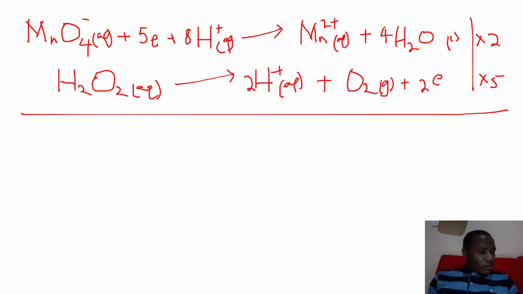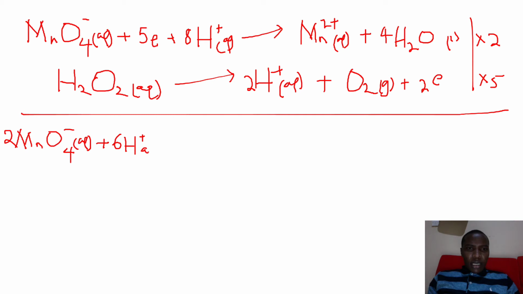I want to pick it quickly without wasting any time. We shall have 2 permanganate ions, just like this, reacting with 6 hydrogen ions, because we said that they were 16 and 10 were cancelled out. Then we shall have 5 hydrogen peroxide moles, just like that.